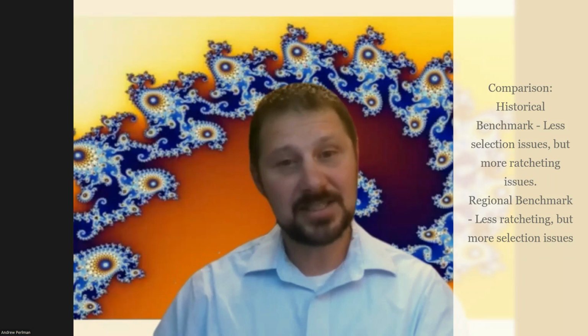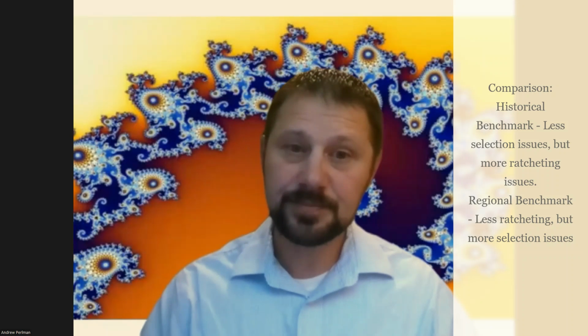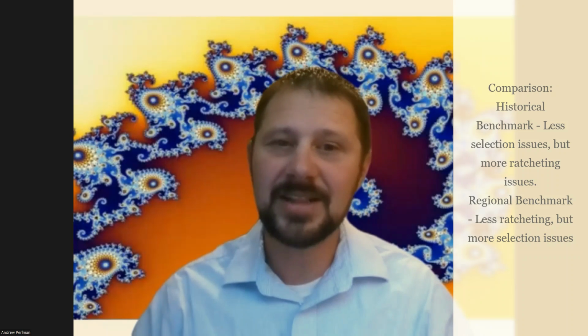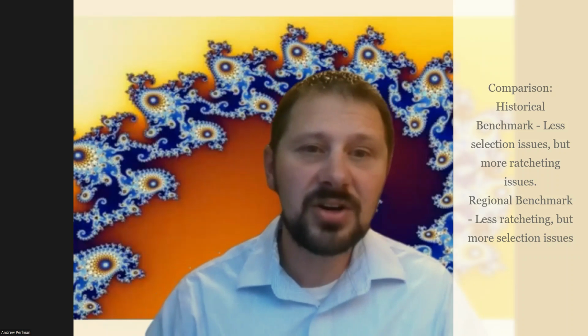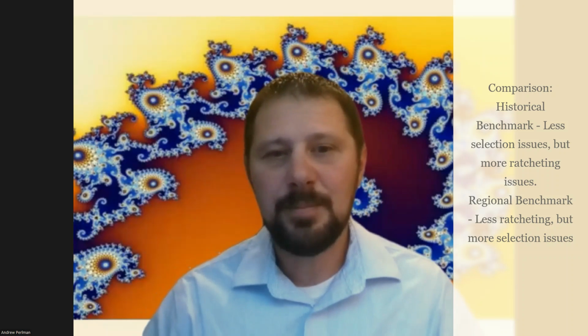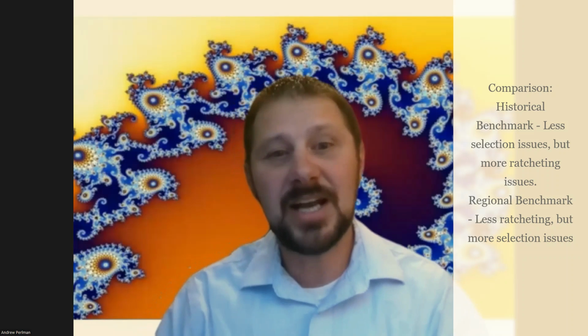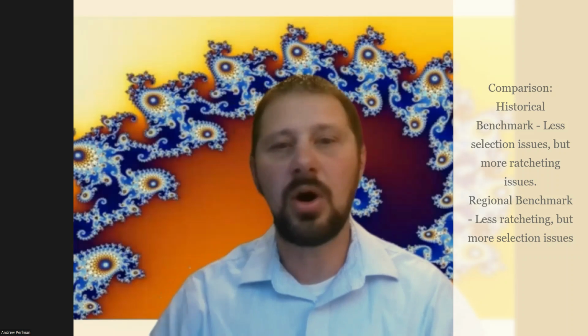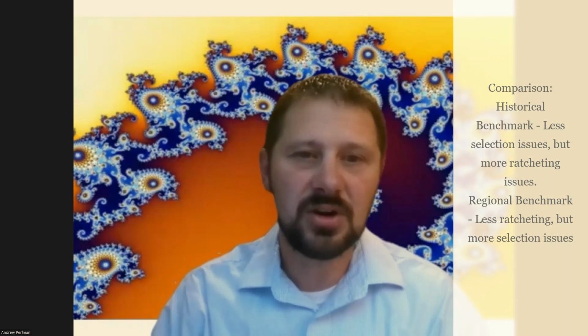But it has a selection bias. So regional benchmarking is we take the price of your region and we set that as your benchmark. Well, naturally, if you're going to achieve savings based on where your region is, then it's going to naturally attract those that are already cheaper. And it's going to disincentivize those that are a little more expensive.